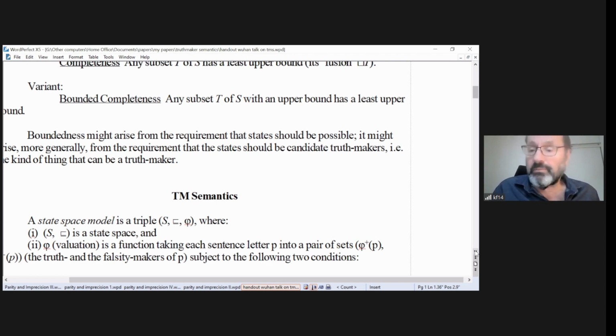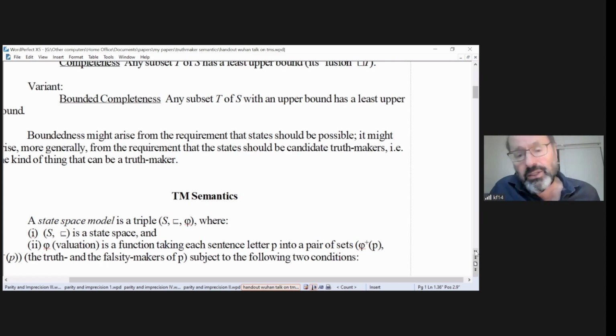So evaluation is a function taking each sentence letter into a pair of sets of states, one set being intuitively the set of truth makers, and the other set being intuitively the set of falsity makers.